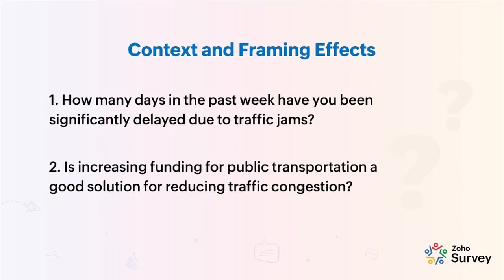You might lean more towards supporting public transport, impacted by traffic problems. To outsmart these framing effects, we need to be strategic while designing surveys. Each question should stand alone, clear, and unbiased.